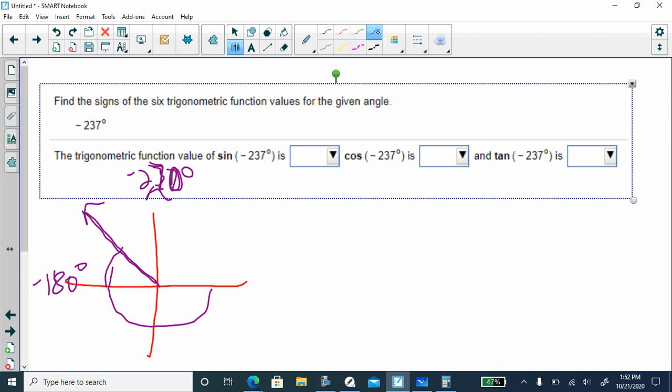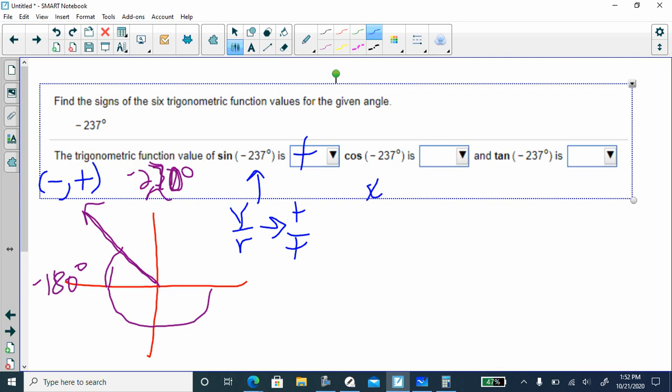In the second quadrant, we're to the left, so x is negative. We're up, so y is positive. If we're asked about sine, remember sine is y over r. In the second quadrant, the y is positive, the radius is positive, so we would get a positive answer for sine.